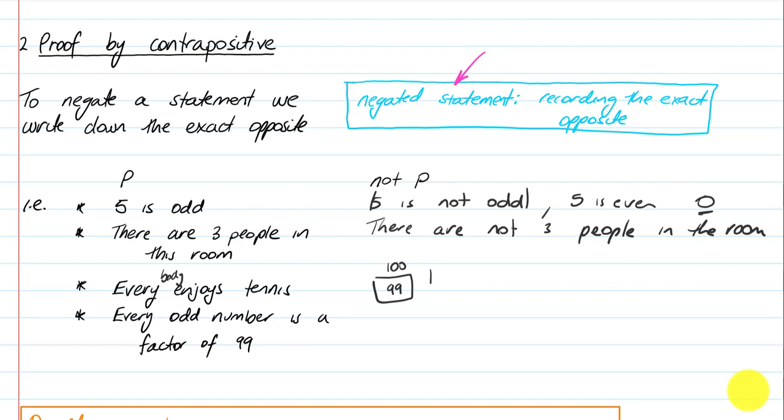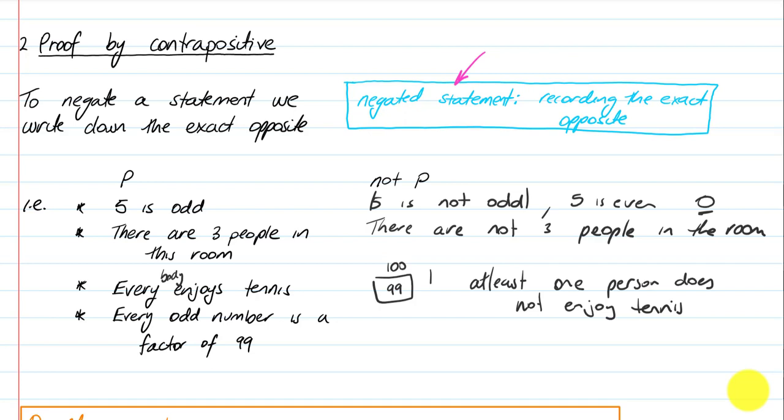So everybody enjoys tennis can be negated by saying at least one person does not enjoy tennis. As opposed to the more commonly thought negated statement, which is everybody doesn't enjoy tennis. But then there's all this blurry area in between, because maybe some people do and some people don't. So there's your negated statement there, and that's probably the most important one.